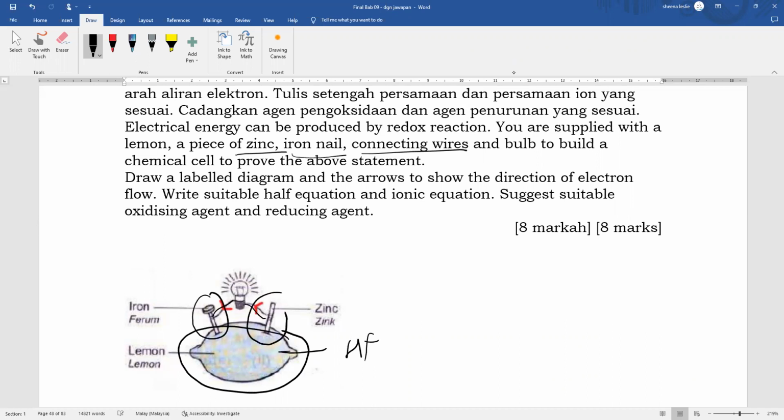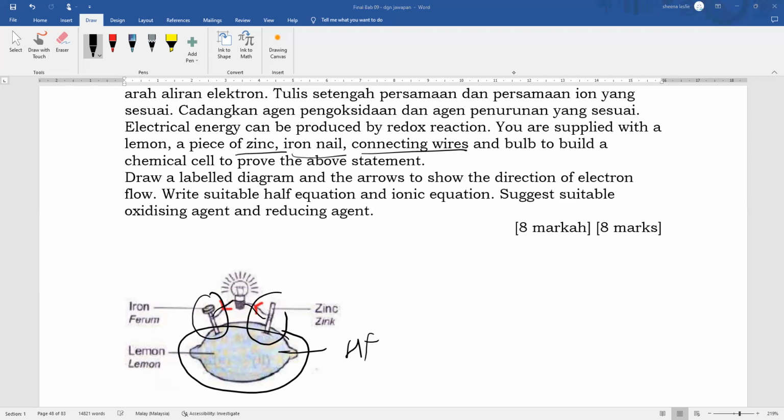You label everything. Electrons will flow from where to where? From iron to zinc or zinc to iron? Zinc to iron, correct.